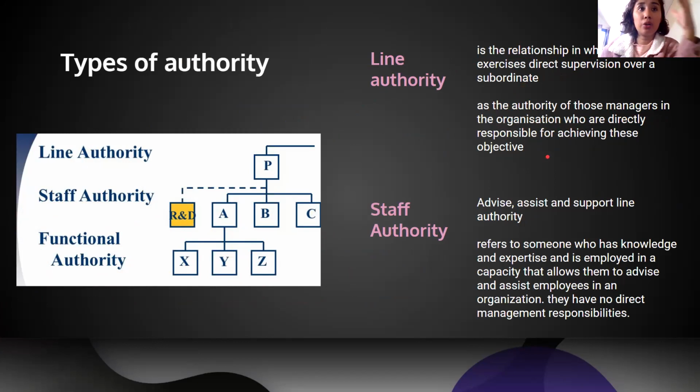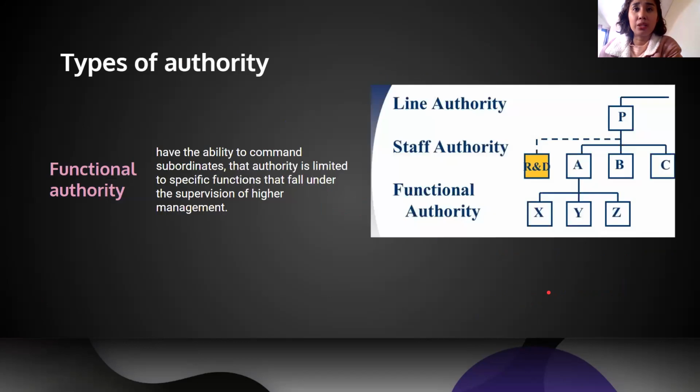So, this line authority are very high levels of authority. Okay, we have staff authority. Ito, advise, assist, and support the line authority. So ito class, they are like consultants. Parang consultants sila. So they advise and assist and support the line authority. So they have no direct management responsibility. They have experts, pero hindi sila managers.